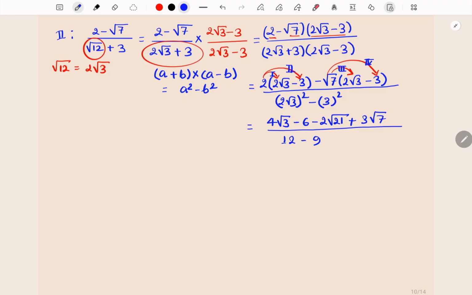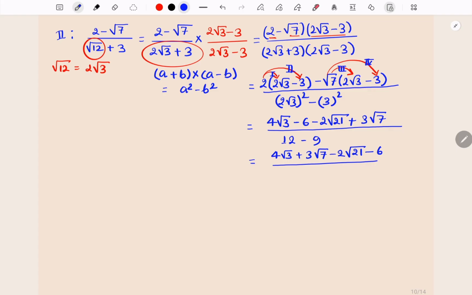All right. Now let's simplify the numerator. In the numerator, we can see that there are no like terms, so we cannot simplify the numerator any further. So I can just write 4 root 3 plus 3 root 7 minus 2 root 21 minus 6.